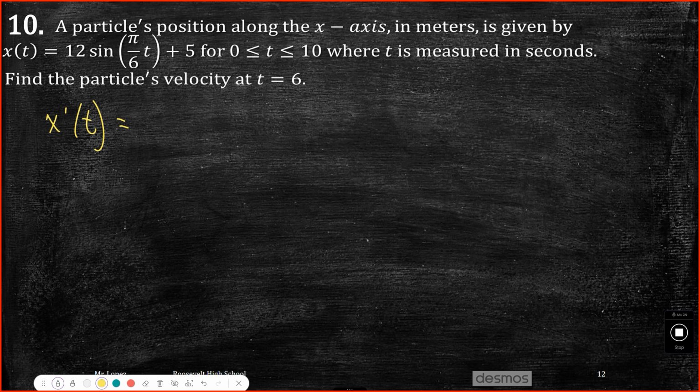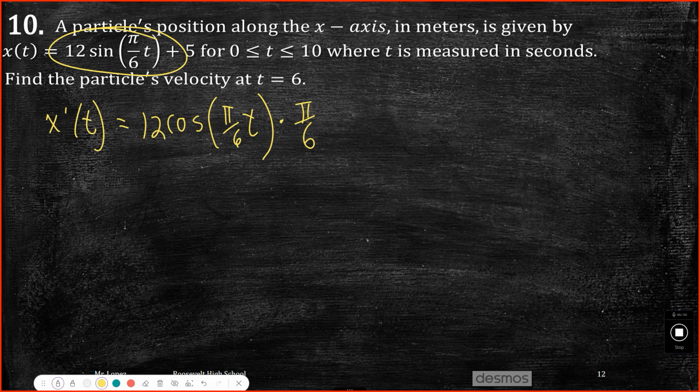So the outer function, well, you know the inner function is this, what's inside the parentheses. The derivative of sine is what? Cosine of pi over 6 t times the derivative of the inside, no? And the derivative of the inside is what? Pi over 6.